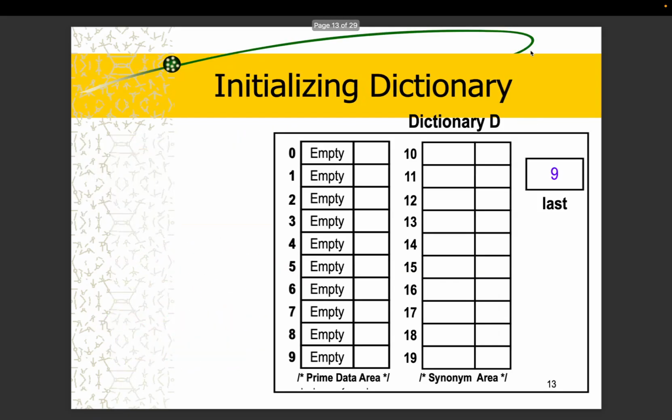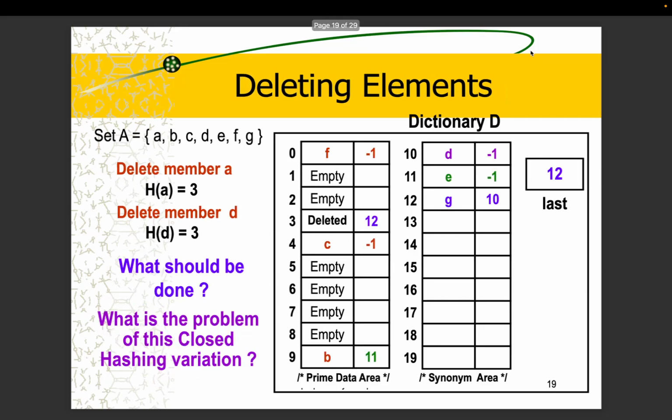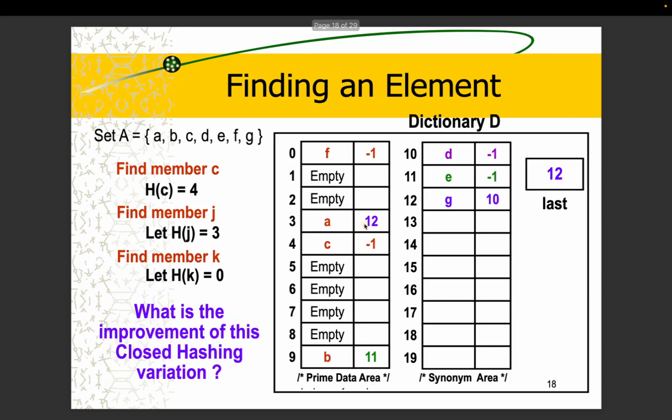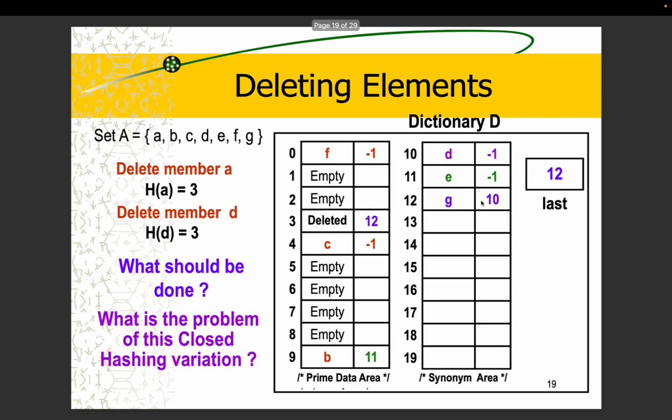Variation 2 removes the problem of slowness because it links elements together. So you don't need to search through the entire synonym area, only through the linked elements. But the problem of variation 2 is that deleted elements can no longer be reused, which is bad because we'll be wasting space. And at some point, our dictionary becomes full.